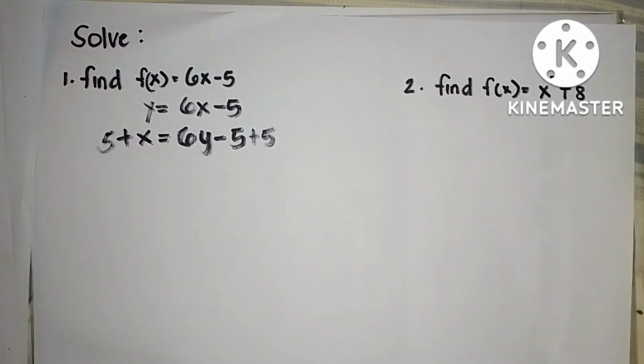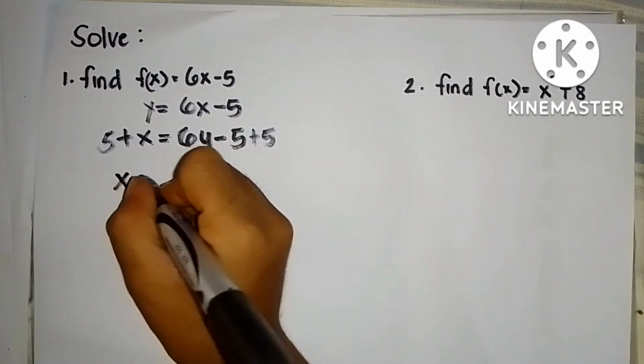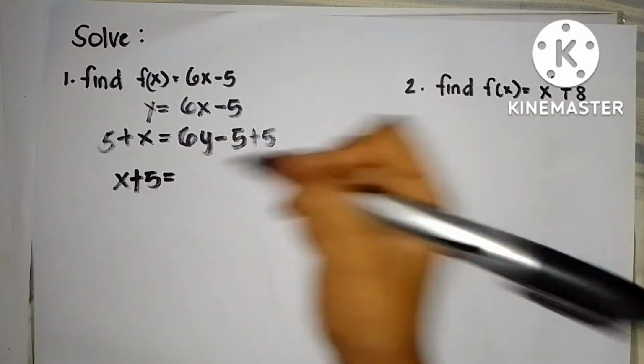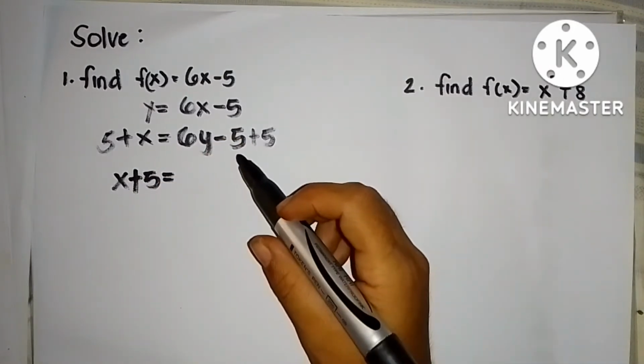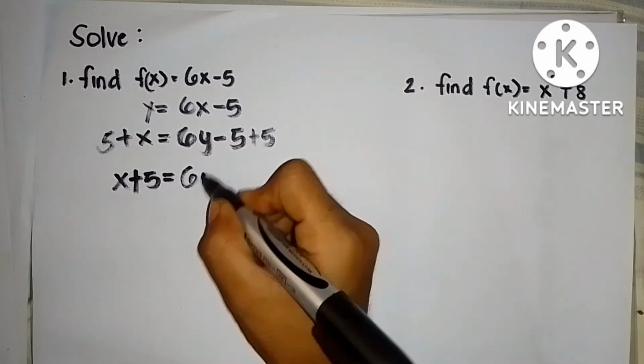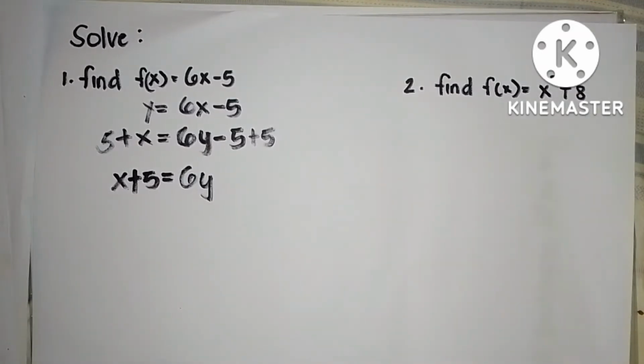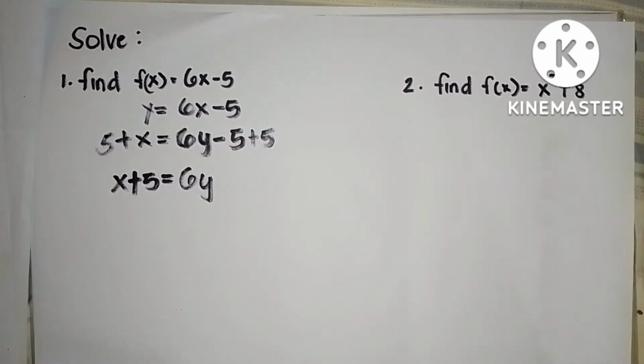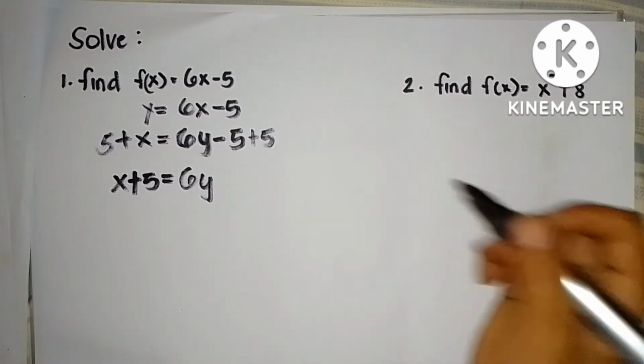The result will be x plus 5 equals negative 5 plus 5, which is 0, so the right side is 6y. And then after that, we need to multiply or divide both sides by 6 to find y.